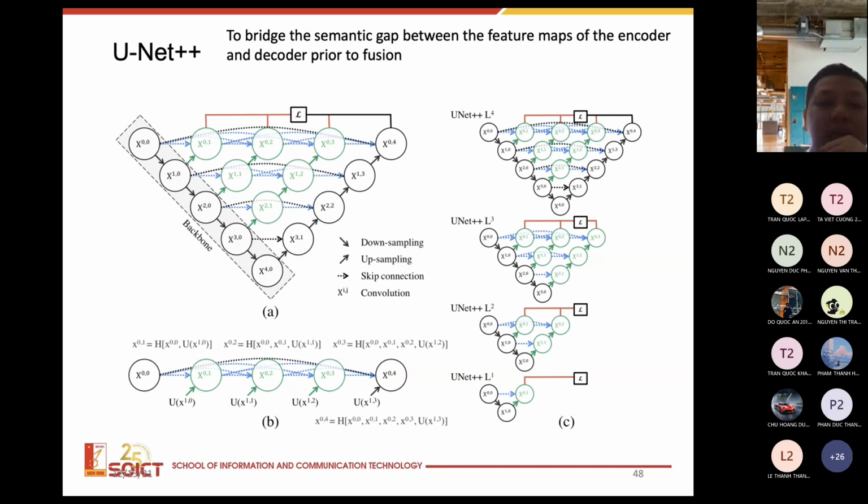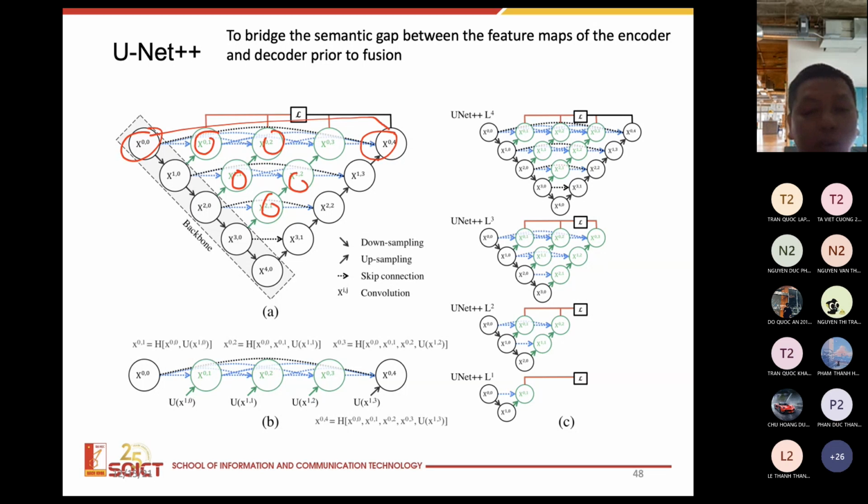So UNet++ bridges the semantic gap between the feature maps of the encoder and decoder prior to fusion: instead of combining this output directly to that output, you have different blocks here to actually reduce the semantic gap between the layer in the encoder part and the layer in the decoder part, right?